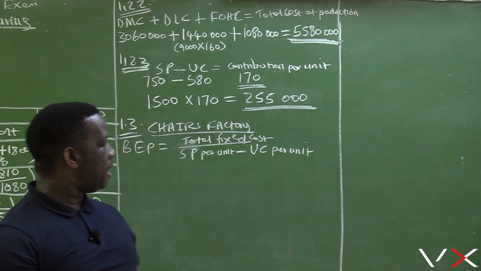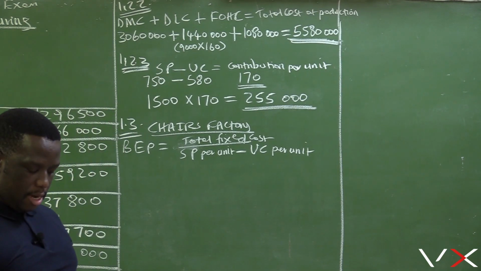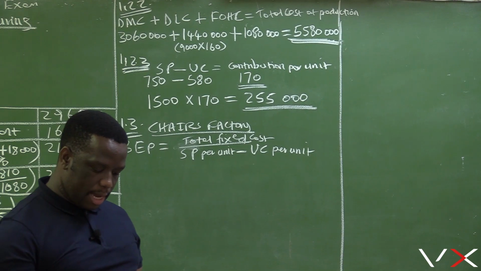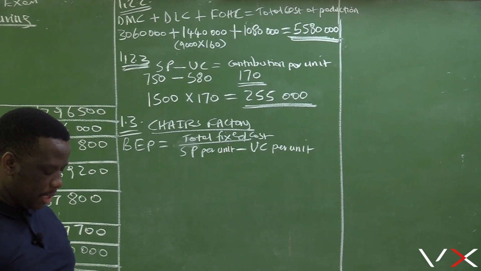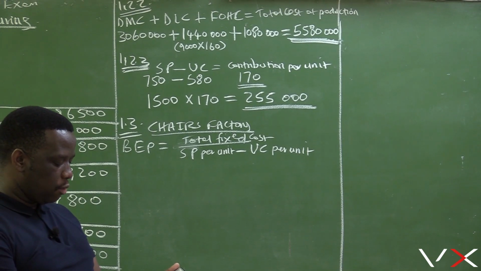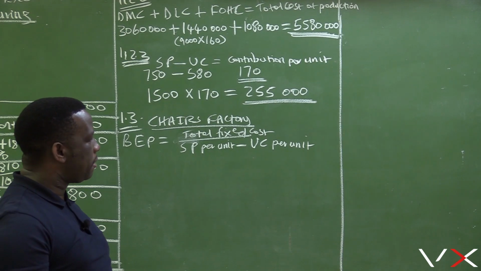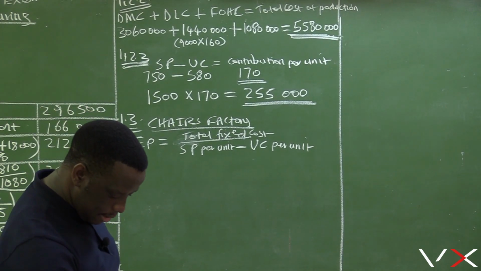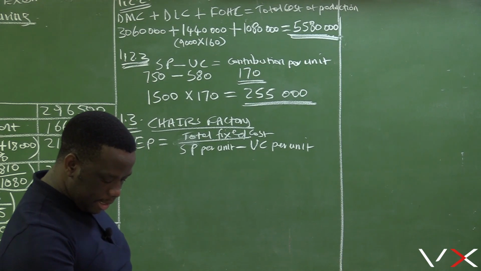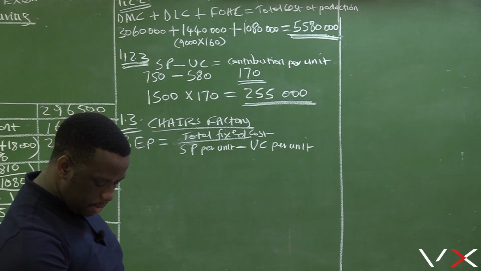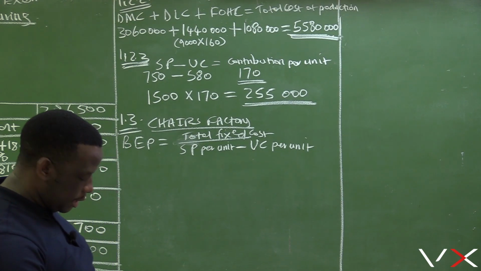In this case, we want the total fixed cost, but we are given the cost per unit. The cost per unit for factory overheads is 76, and for administration it is 20 Rand. So 76 plus 20 gives you 96. The total fixed cost per unit is 96, and the number of units produced for the chairs in 2019 is 16,000.